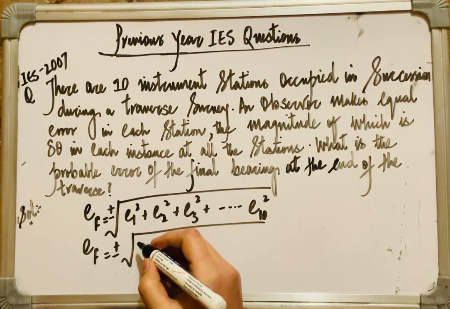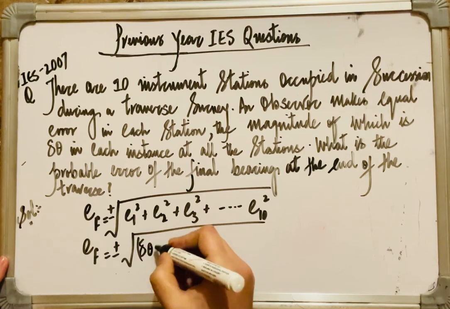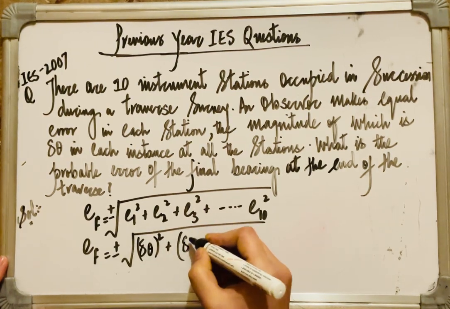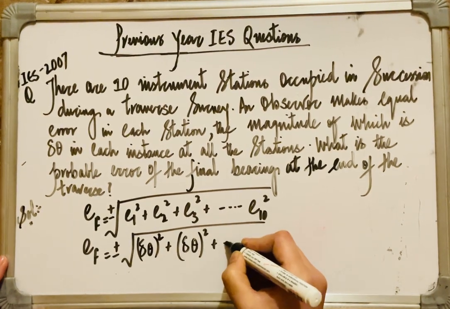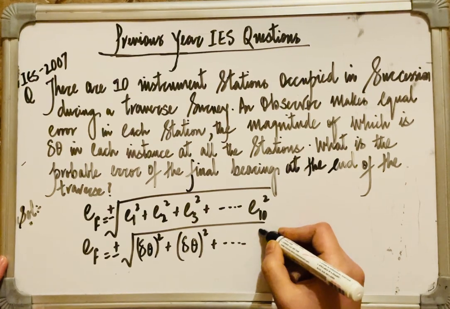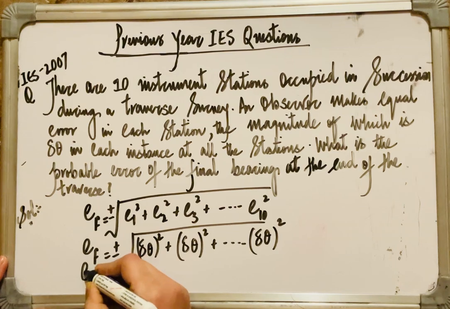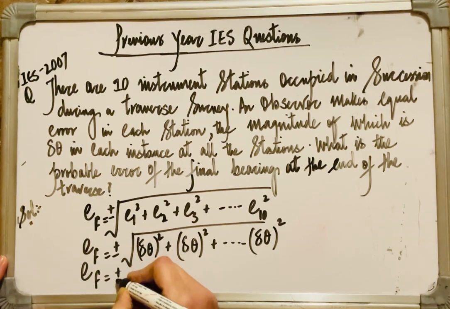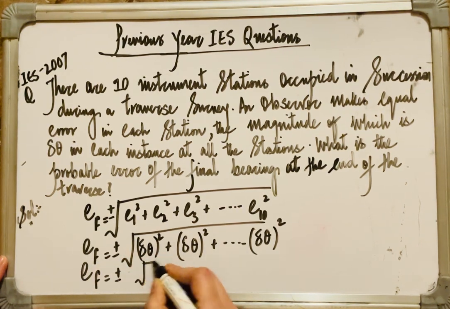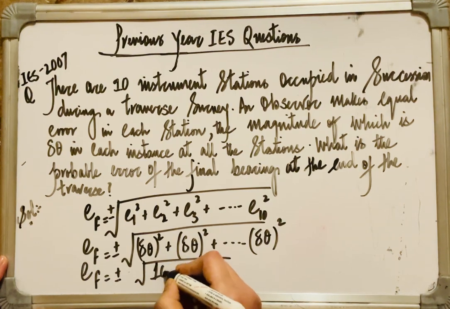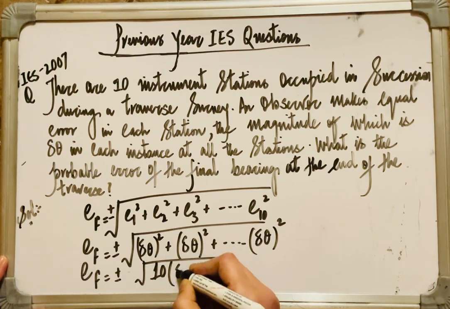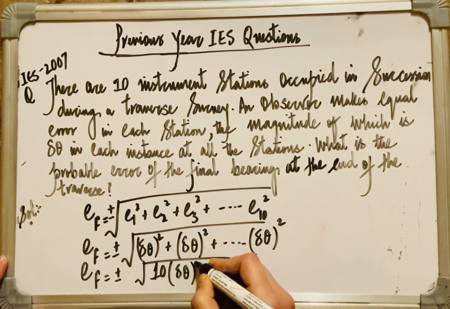That means delta theta square, and so on and so forth up to E10. Or the probable error in the final bearing is equal to plus minus the square root of 10 times, because we have 10 instrument stations, delta theta square.